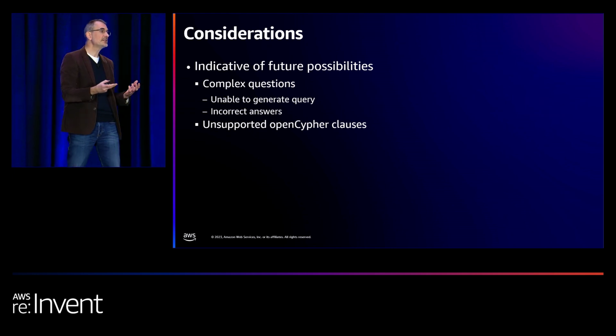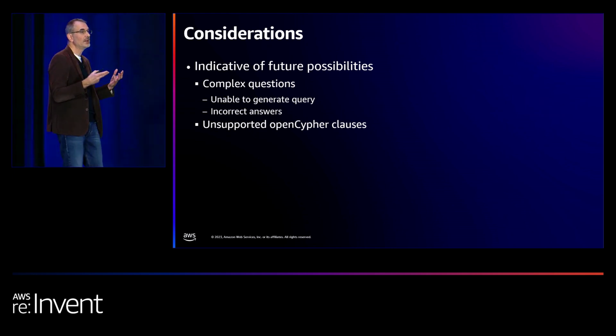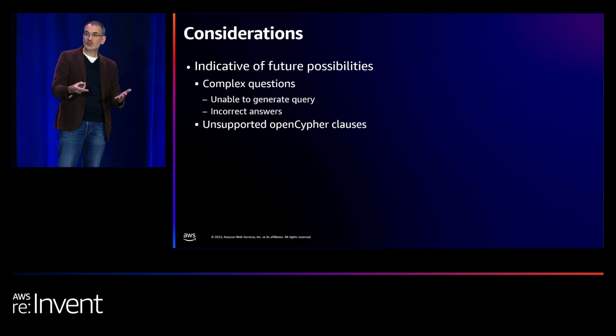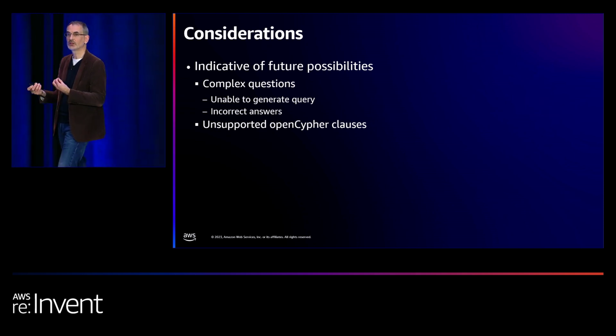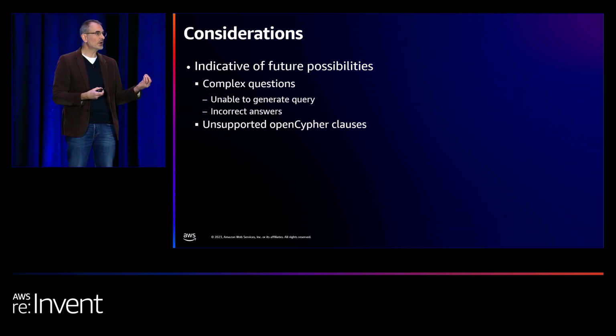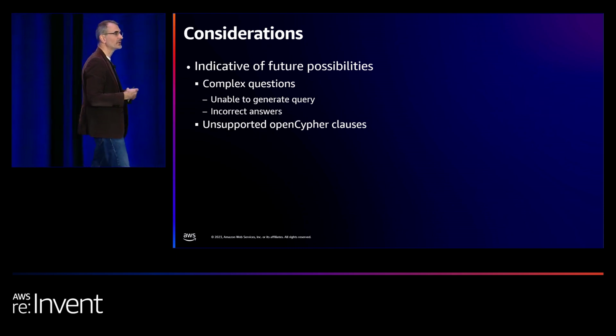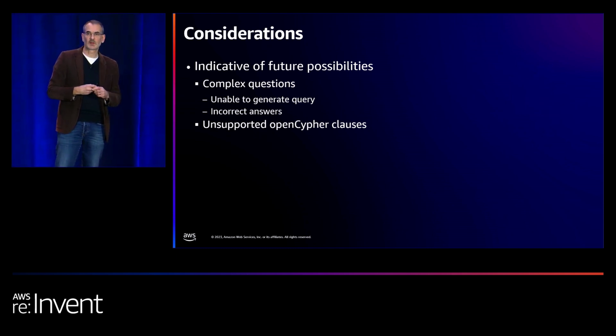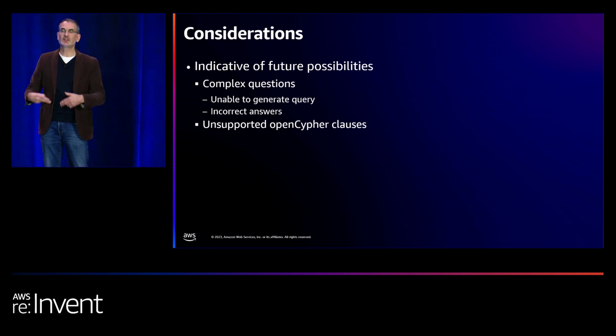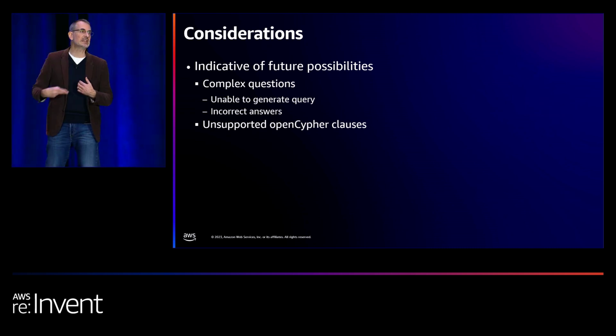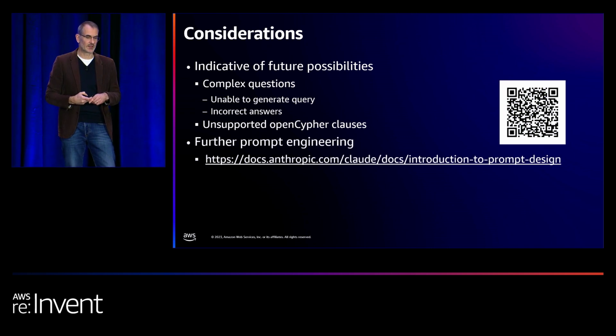And in some cases, we've seen examples where Claude, or the large language model, tries to generate a query but injects functions or keywords that just don't exist, or that aren't part of openCypher. But over time, we expect these things to improve enormously.